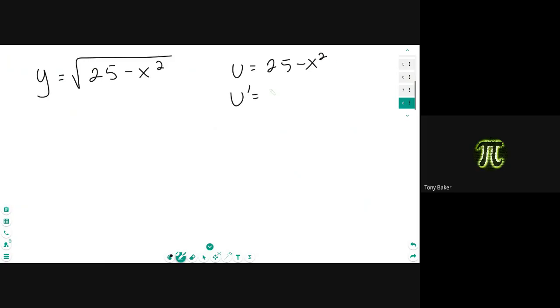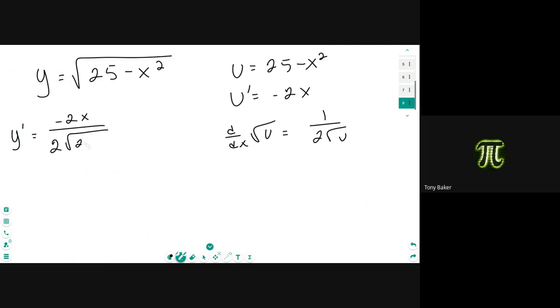What's u prime? What's the derivative of the square root of u? 1 over 2 square root of u. So y prime is negative 2x over 2 square root of 25 minus x squared, or negative x over the square root of 25 minus x squared.